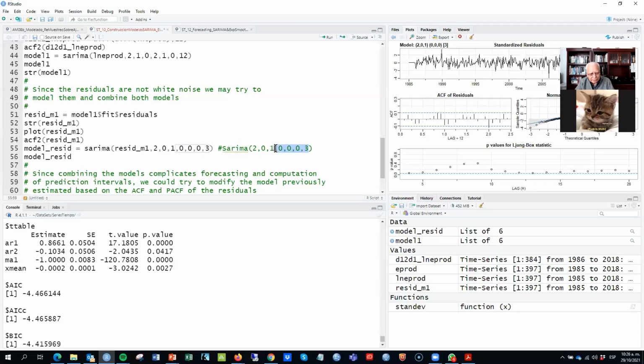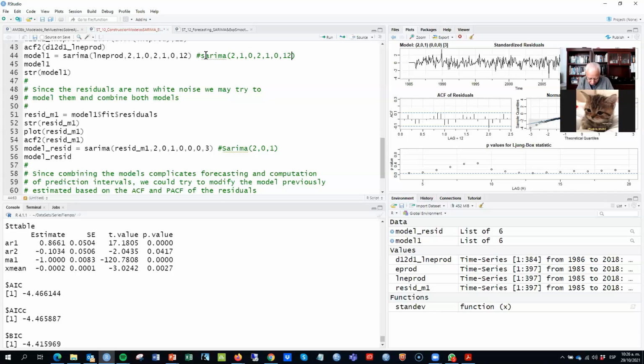It's just that, because I don't have any seasonal component here. So it's a 2,0,1. And I have identified here an ARIMA (2,1,0)(2,1,0)[12], right?